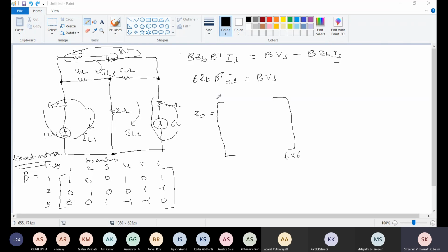So I write Z11 as 6, and the rest of that row is 0.